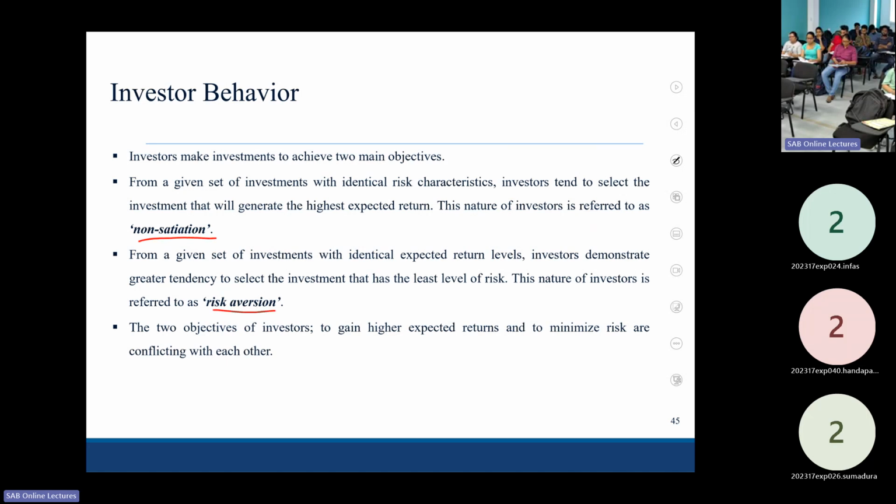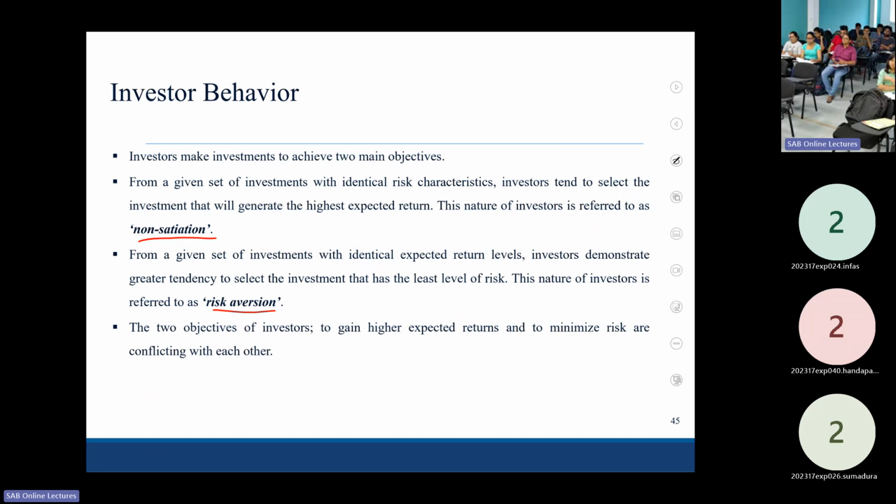By investing, you expect to achieve these objectives. Non-satiation, we call maximizing return in simple terms. Risk aversion means trying to avoid the risk in simple terms.